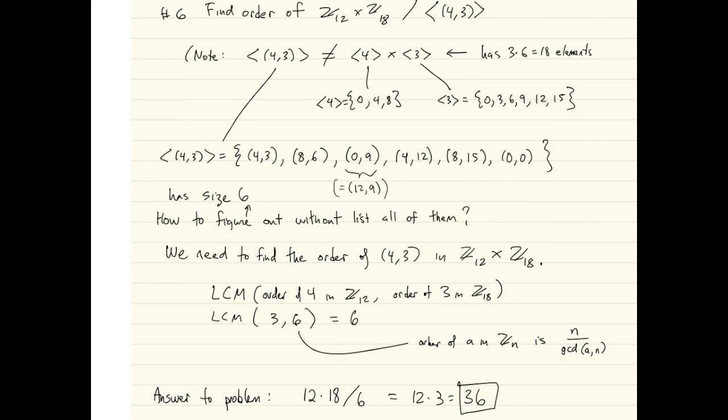Anyway, the answer to the problem was we take the size of the big group, which was 12 times 18, and then we divide by the size of the subgroup. Our subgroup has size 6, so divide that by 6 and we get our answer. There's 36 elements in this factor group.